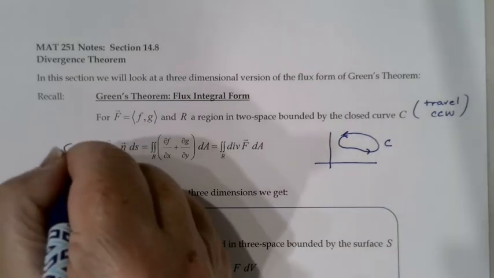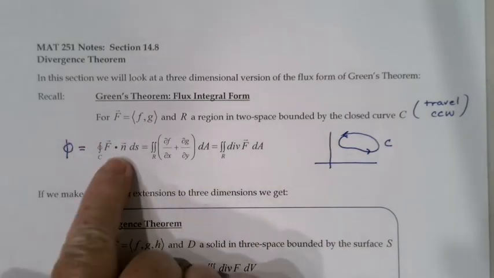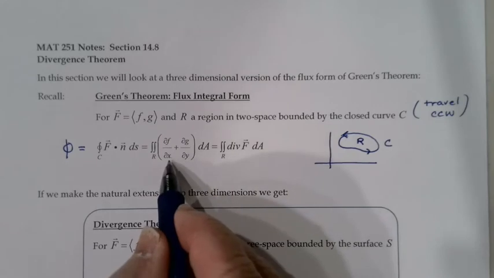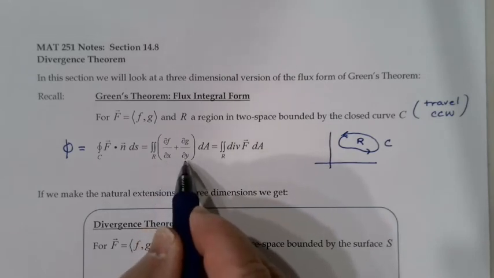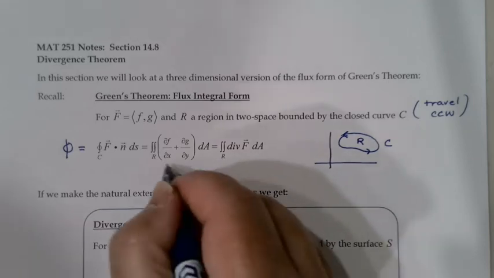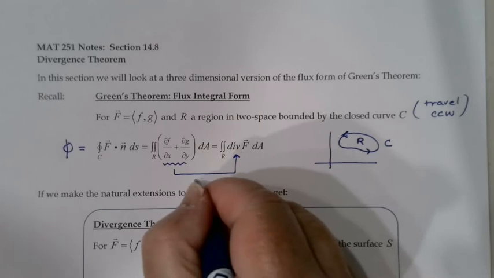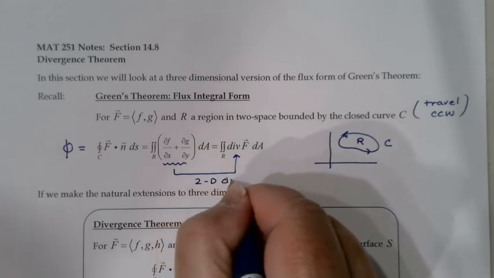Then our flux, F dot n ds, is the double integral over the region R inside the curve of partial of f with respect to x plus partial of g with respect to y, dA.